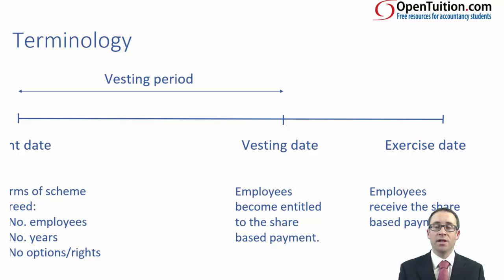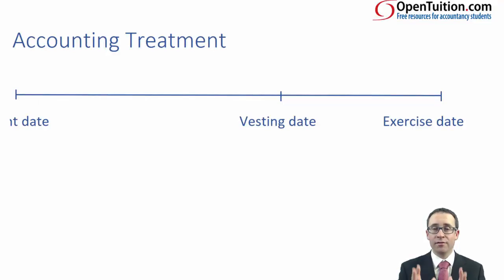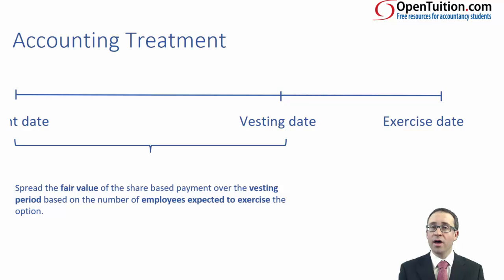Okay, but like we've said already, the key bits are to focus on the grant date, the vesting date, and that vesting period. There has been one question in the past that did get us to focus on the vesting date to the exercise date, but we'll touch upon that at a later time when we see it within the past exam questions. In terms of the accounting treatment, like I said, the focus is on the grant date to the vesting date, and the rules are there.